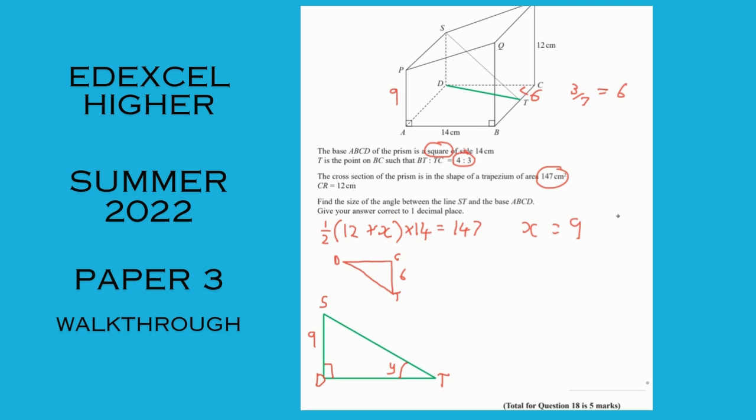We know that that side is 14 because that's the width of the square. We know that that's 6. So we can work out the distance from D to T, which will be this there. So on your calcs, Pythagoras, square root of 14 squared plus 6 squared, 15.23 whatever. On the diagram, it goes.